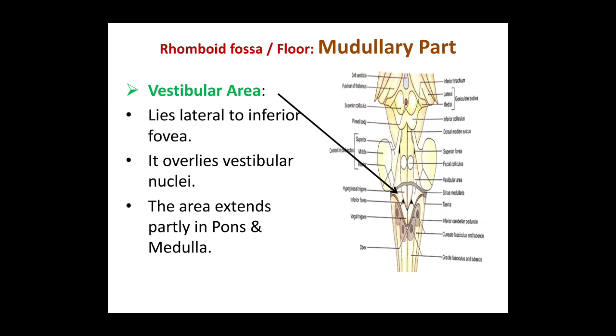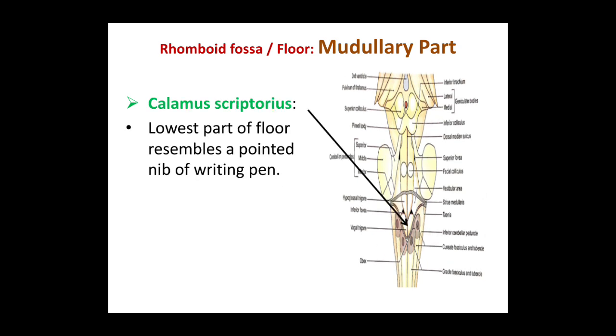The vestibular area lies lateral to the inferior fovea. It overlies the vestibular nuclei. The area extends partly in the pons and medulla. Calamus scriptorius: the lowest part of the floor resembles the pointed nib of a writing pen.